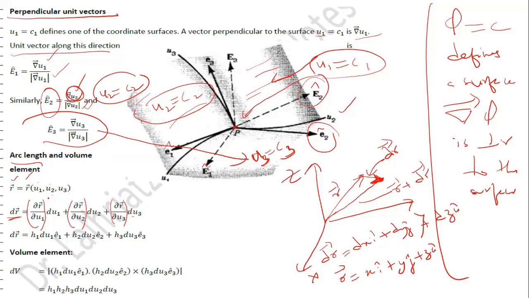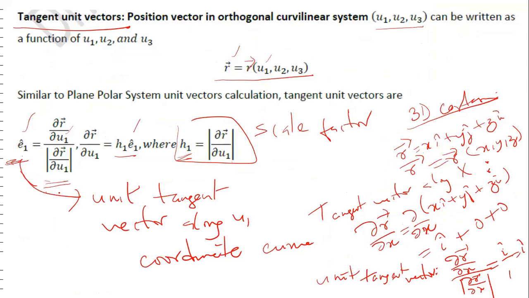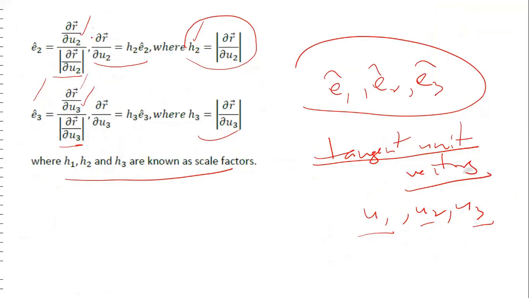And del r upon del u1, over here we already got it, right. Del r upon del u1 is equal to h1 into e1 cap. E1 is a tangential unit vector. Del r upon del u2 is h2 into e2 cap. E2 is the tangential unit vector, and similarly del r upon del u3 is h3 into e3 cap.